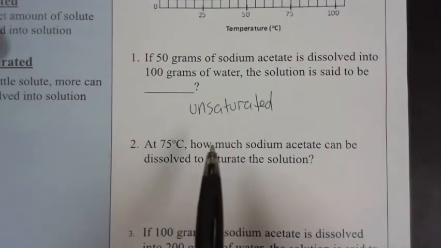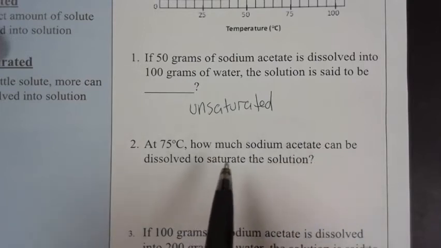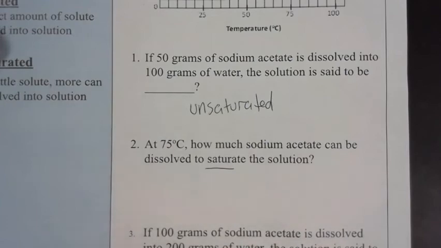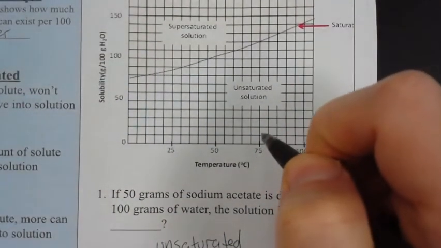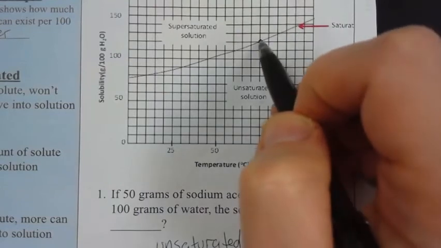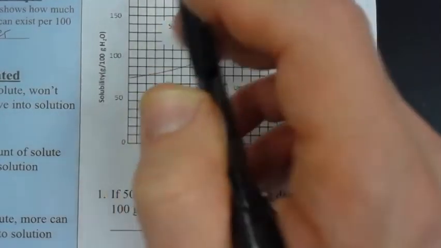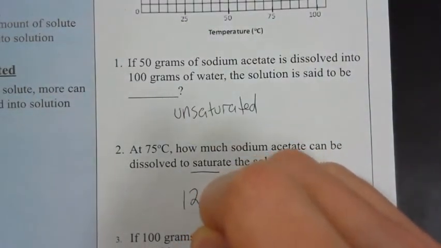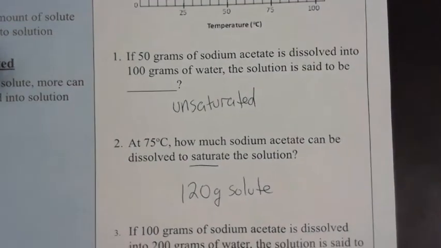At 75 degrees, so now at a specific temperature, how much sodium acetate can be dissolved to saturate the solution? So if we follow the y-axis up from 75 degrees, at this line is the point at which we're perfectly saturated. And if we travel across this x-axis, that's at 110, 120 grams of solute, right?